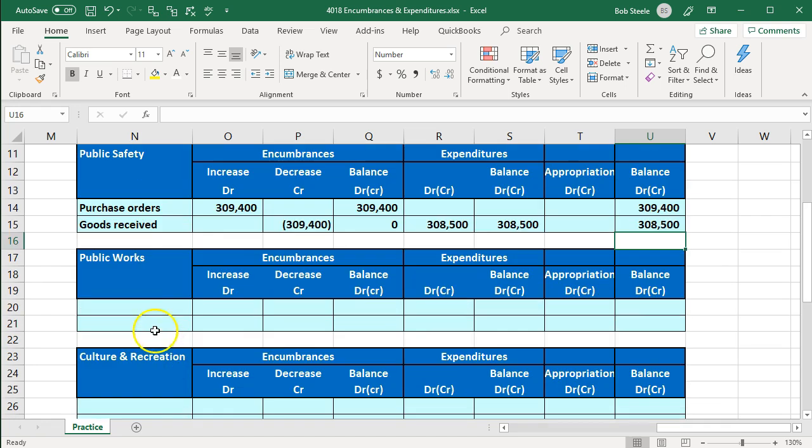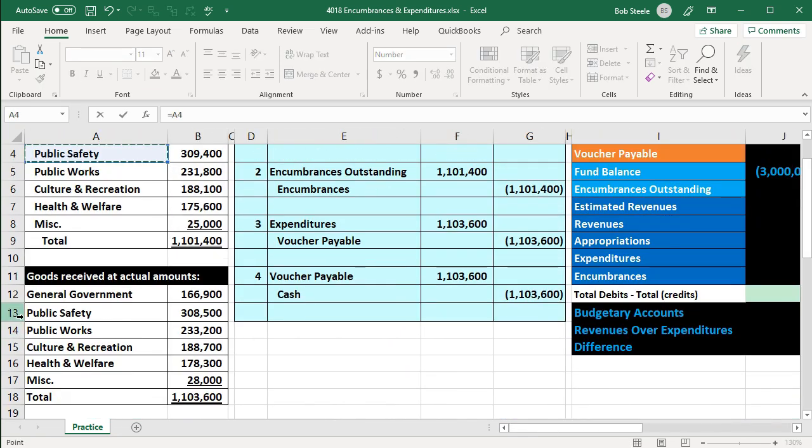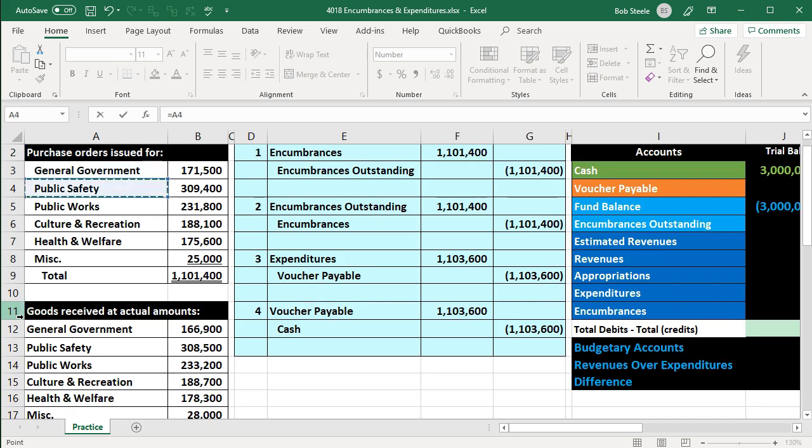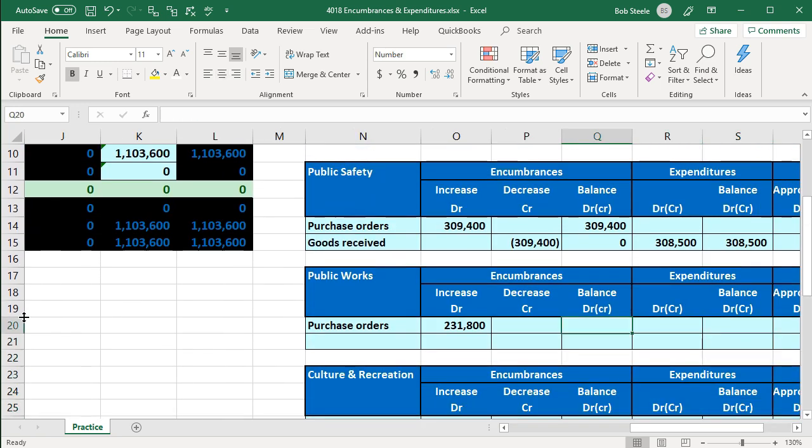Now we'll go to the public works. We'll do this again. We're going to go to the purchase orders. The increase in the encumbrance, if we scroll up top, the increase to the encumbrance is going to be the 231.8. So 231.8. And then we're going to decrease the encumbrance when we receive the goods, decrease it entirely.